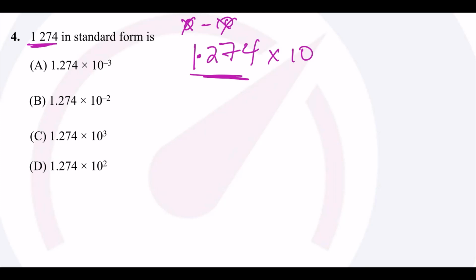What can I do to get it back to 1,274? I'm going to multiply by 1,000. I will know that 1,000 is 10 to the power of 3. So we know our answer is going to be C.